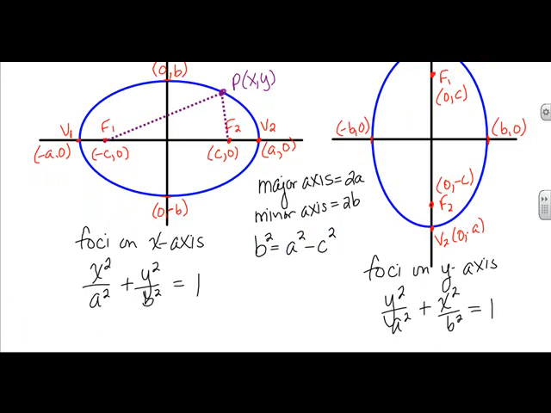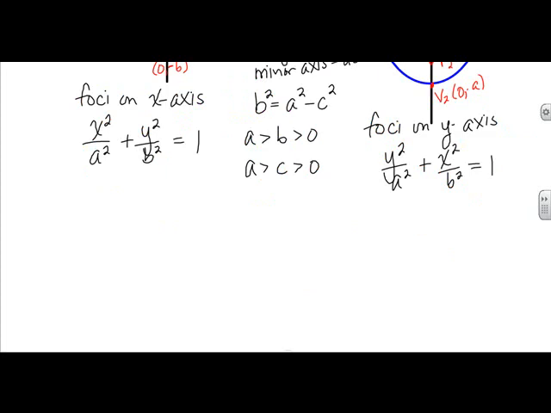It's worth noting that a is greater than b, and they are both positive. a is also greater than c, and a and c are both positive. So if the foci are on the x-axis, you have a horizontal major axis. If the foci are on the y-axis, you have a vertical major axis.